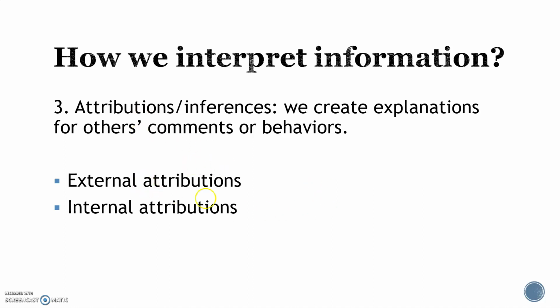So again, attribution is when we try to come up with some causes for a situation or for one's behaviors. And we have external and internal. Let me give you another example for these two types of attributions. Let's say someone is absent from my class and I'm really mean.